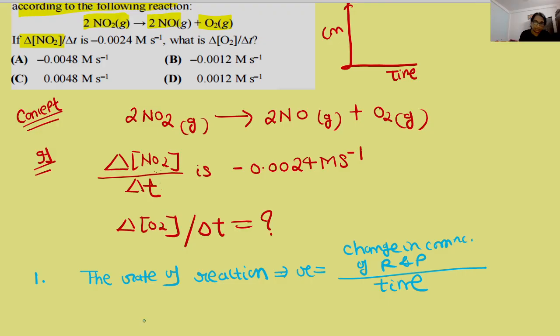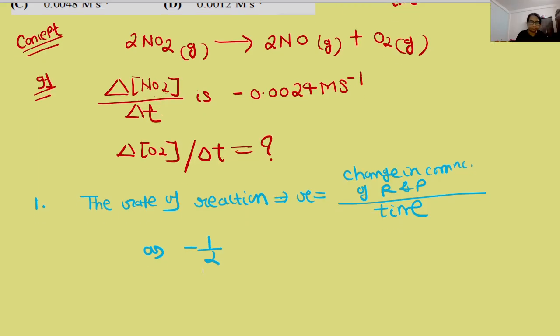According to this, R is equal to minus half of the change in concentration of nitrogen dioxide divided by delta t, which is equal to the change in the concentration of O2 divided by delta t. This value is given in our question.